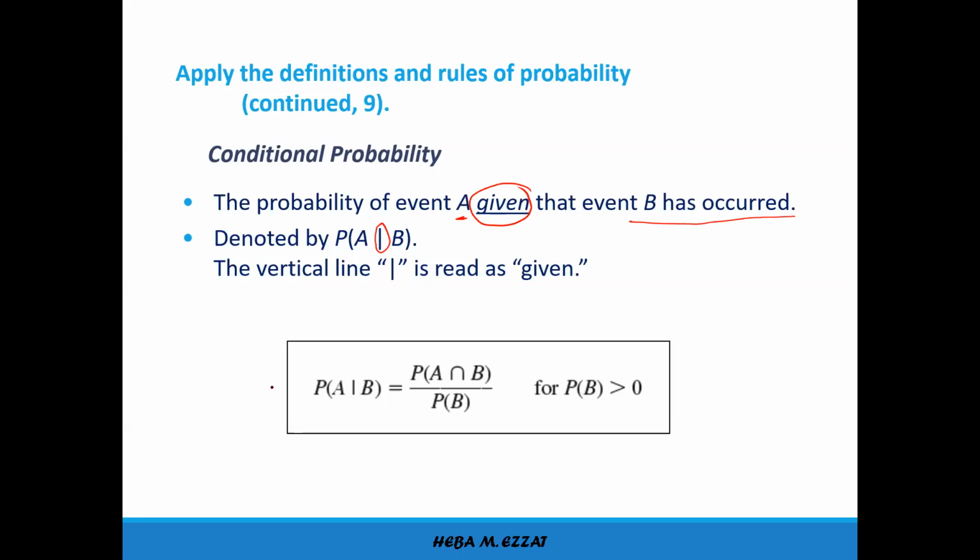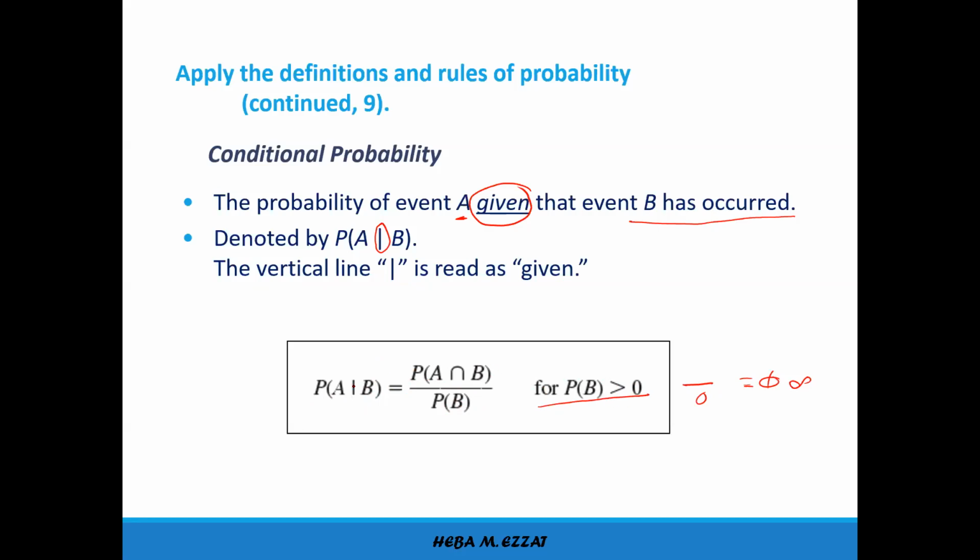So the rule here is that the probability of A given B equals the probability of A intersecting with B divided by the probability of B. Okay, and of course the probability of B is greater than 0, because if this is 0, any division by 0, you know that it will end up with infinity.